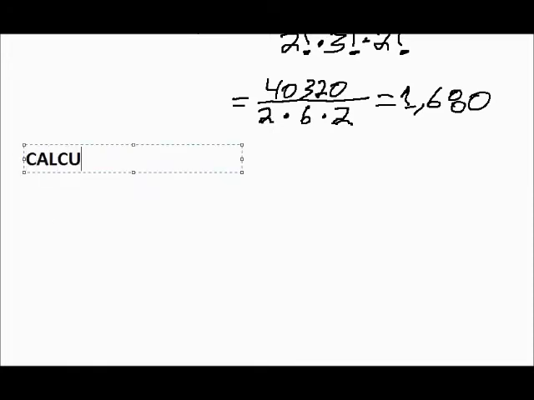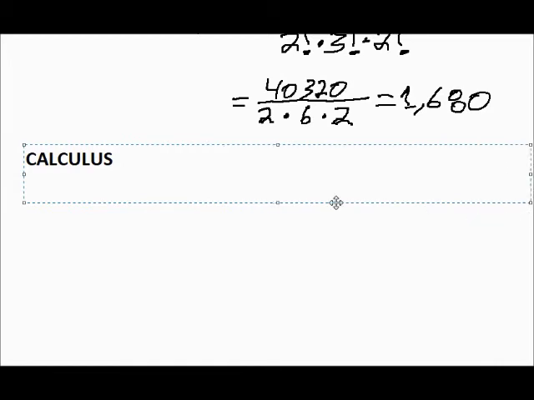How about CALCULUS, MISSISSIPPI, and how about A, B, B, A, C, C, C, C, D, and another A. Okay, so let's just set these up.